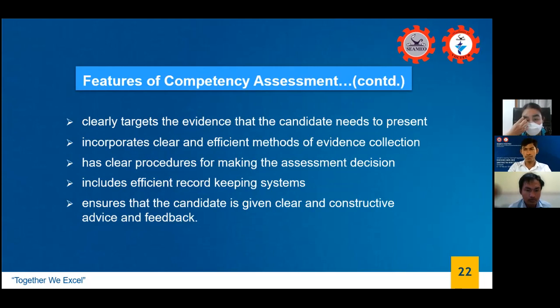That's why your test instruction has to be very clear, so that your student is able to perform, because the performance of your student depends on how clear the instruction you give is, and how clearly you conduct the training or impart the skills and knowledge. Next, it incorporates clear and efficient methods of evidence collection.